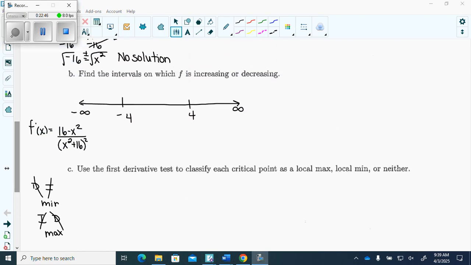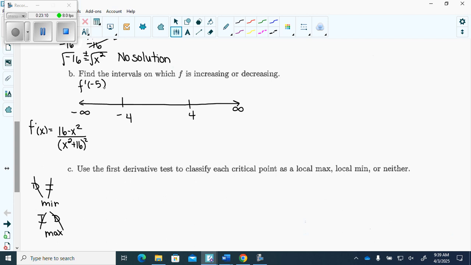So when we plug in a value below negative 4, so say I plug in f prime of negative 5. When I plug negative 5 in here, I'm going to get 16 minus 25, which gives me a negative on the top. The bottom will always be positive, because no matter what you plug in here and square, you'll be positive, correct?